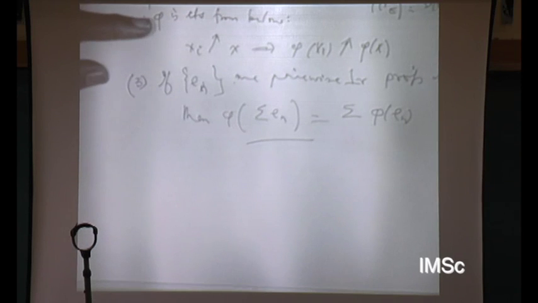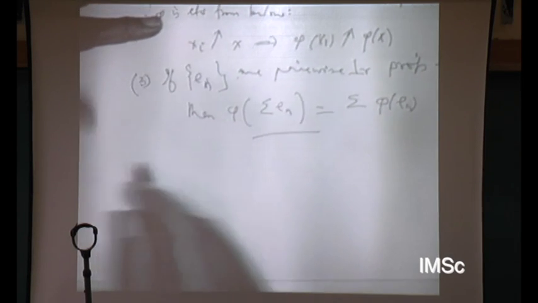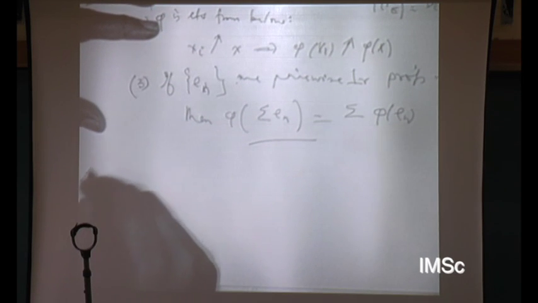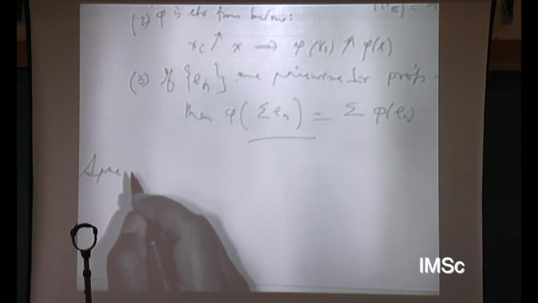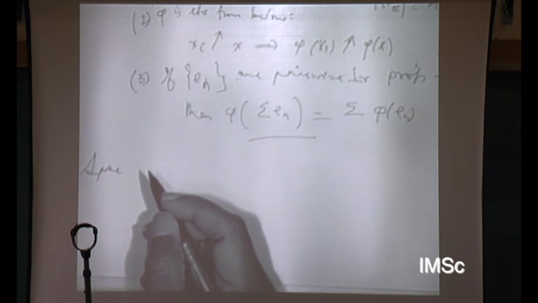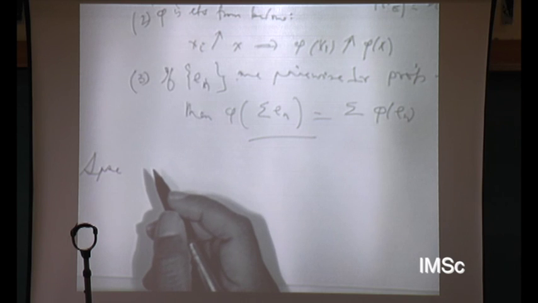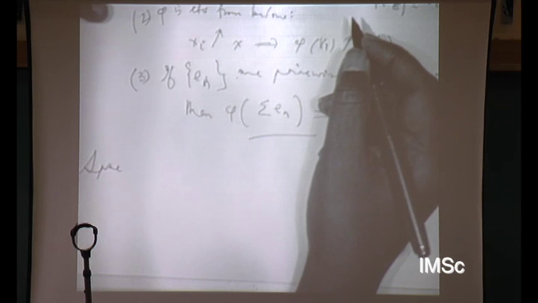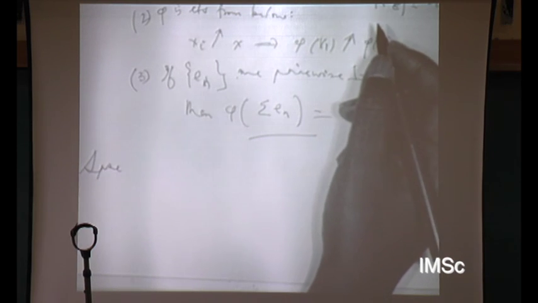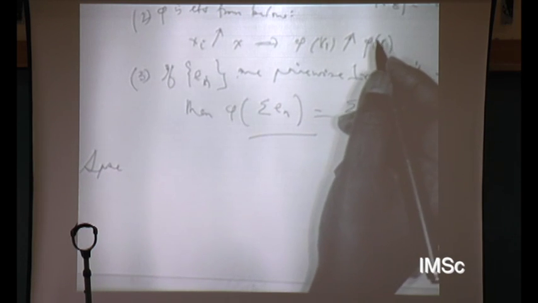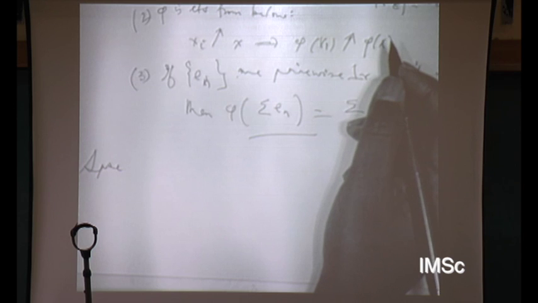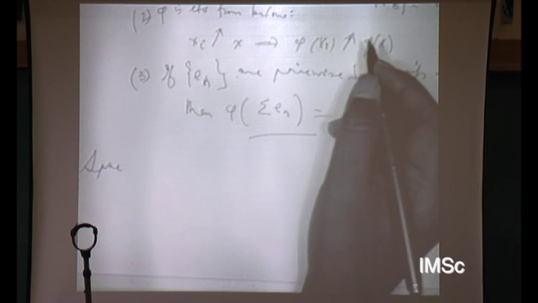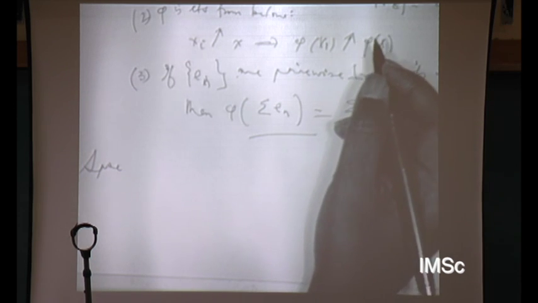So now let me observe the following thing. Suppose phi is a normal linear functional on L infinity, given by a measure. So you tell me, what is M lower star? Normal means it is in M lower star. If M is L infinity, its predual is L1.